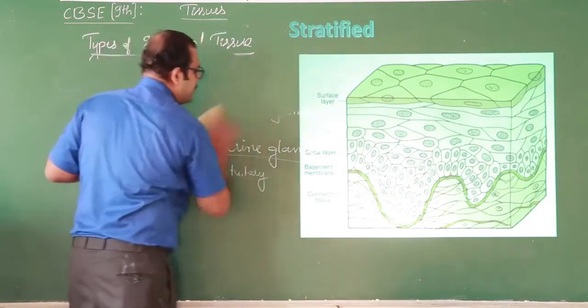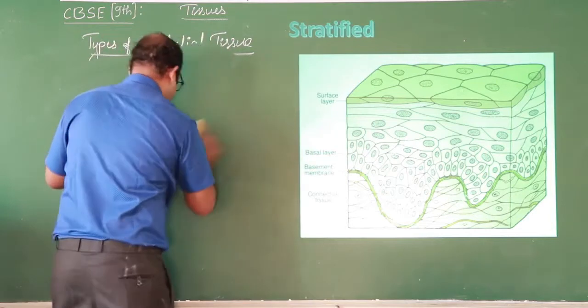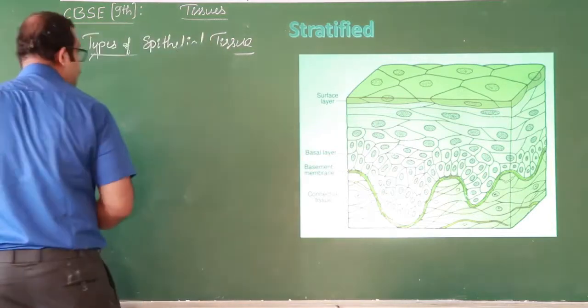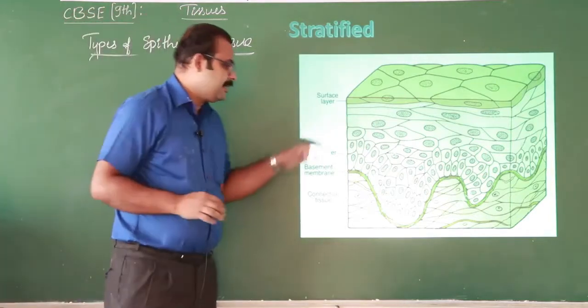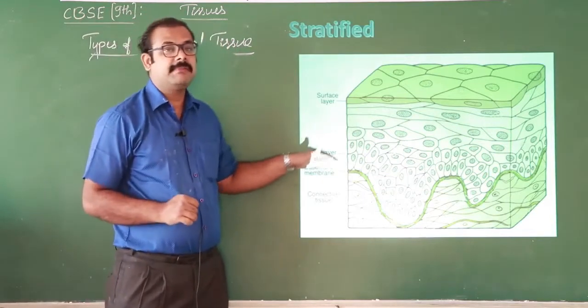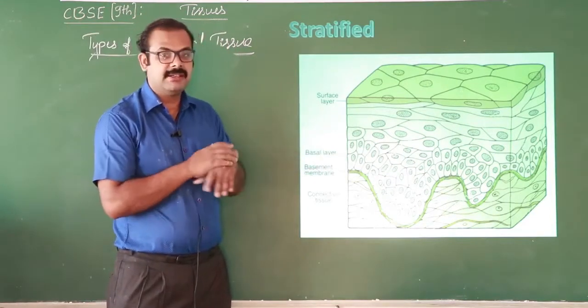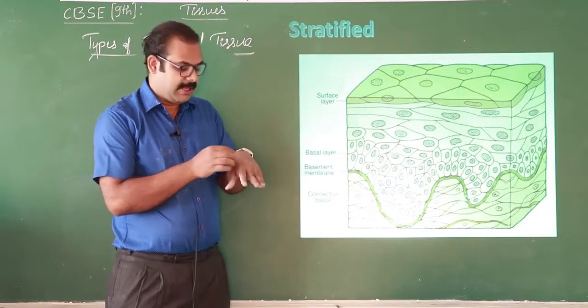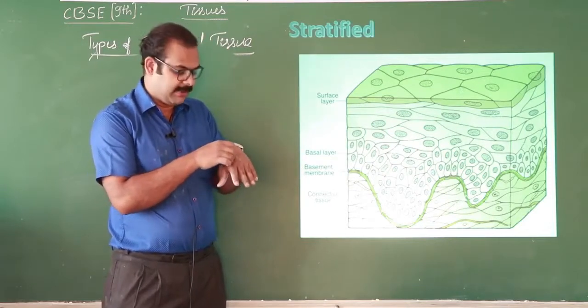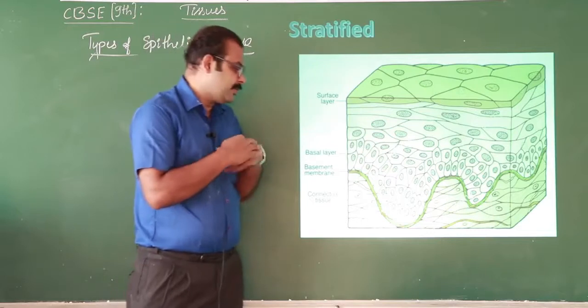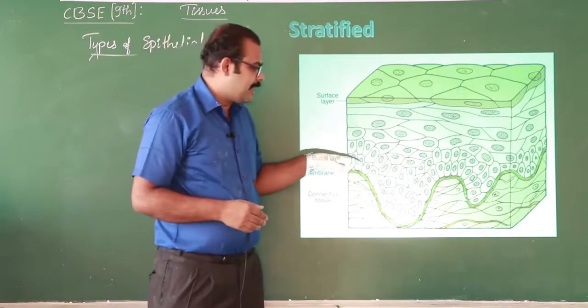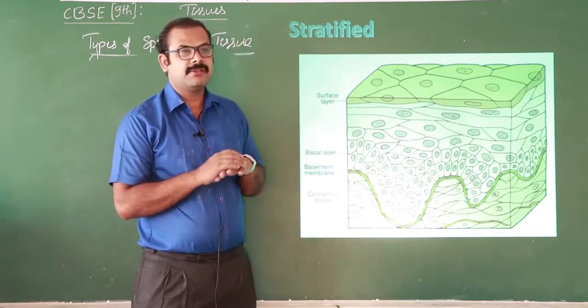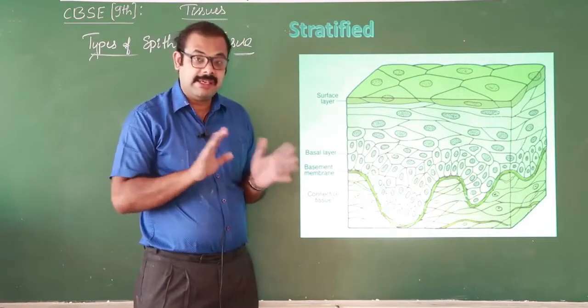So stratified epithelium, here the cells are arranged layer by layer. See for example skin. There are many layers, 5 to 6, 7 layers. So that's why, again, it is just to provide protection where wear and tear takes place.